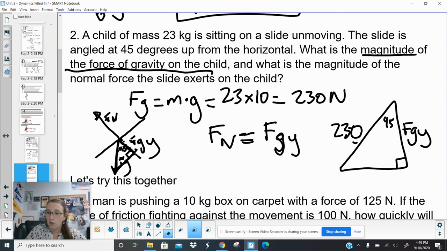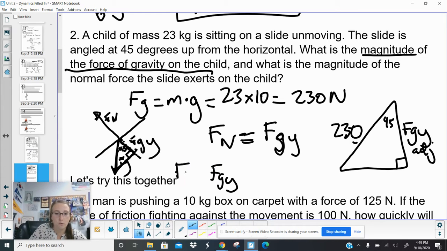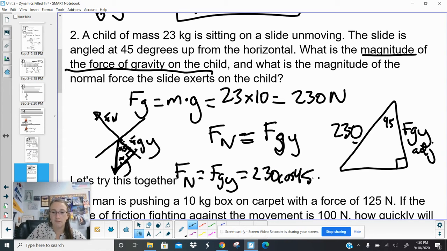Now, again, y is now the adjacent, so we should be using cosine. For a long time, we've been doing sine for y. It doesn't always work that way. Because y is the adjacent, this is going to be the force normal. It's going to equal the y component of the force of gravity. We should be 230 cosine 45.